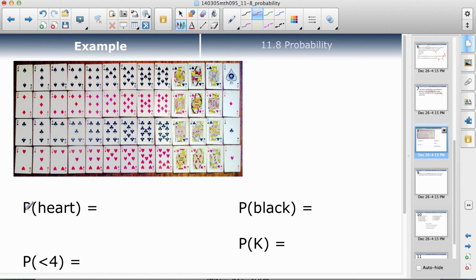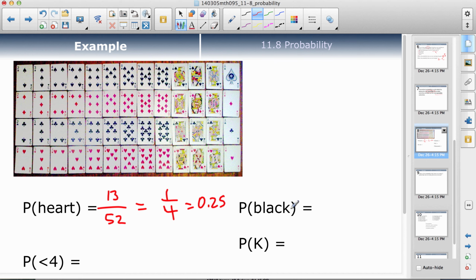If I'm going to draw one card from that deck, what's the probability of getting a heart? Well, here's the hearts right there. If you count them up, there's 13 of them. So there's 13 favorable things over a total number of 52 cards. You can simplify that fraction, and of course your probability of getting a heart would be 1/4, or 0.25.